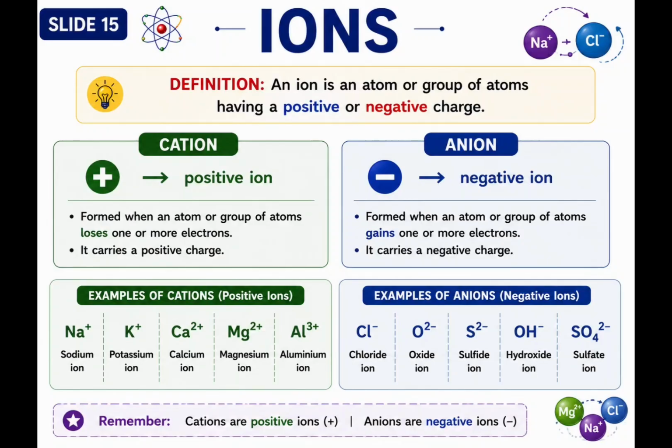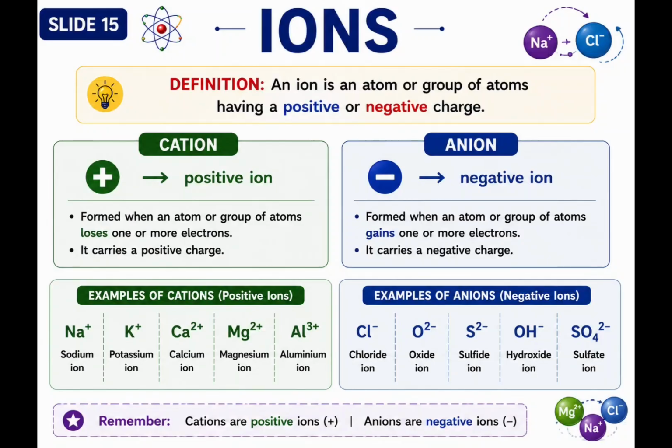This charged particle is called an ion. There are 2 types: a positive ion called a cation, for example Na+, and a negative ion called an anion, for example Cl-. Here is an easy memory trick: cation positive, anion negative.